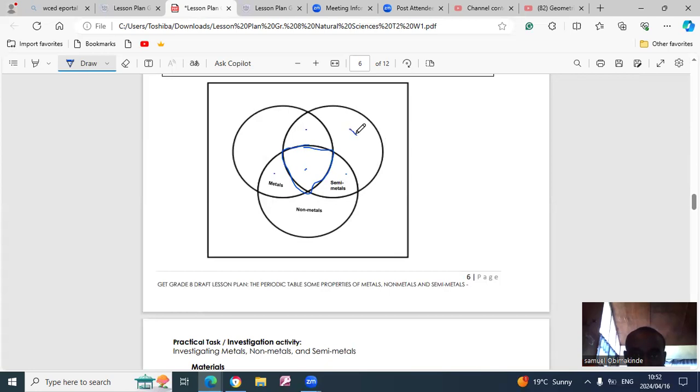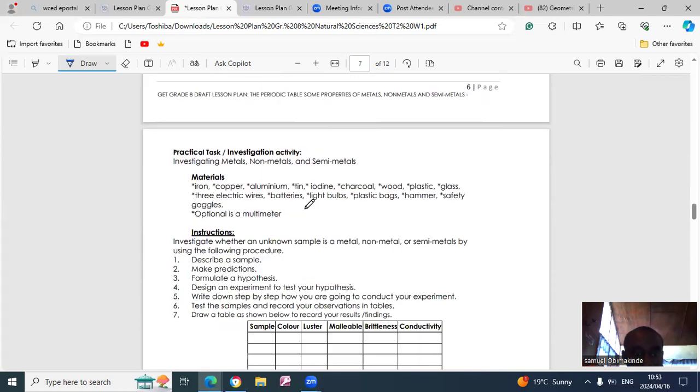Here you have properties peculiar to semi-metals alone, here properties peculiar to non-metals only, and here properties exclusive to metals alone. So that is that.